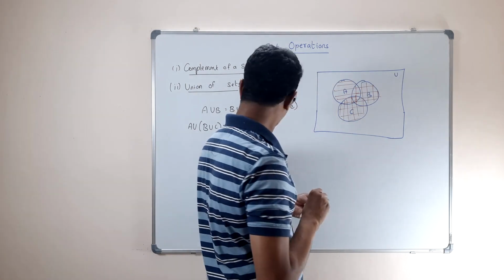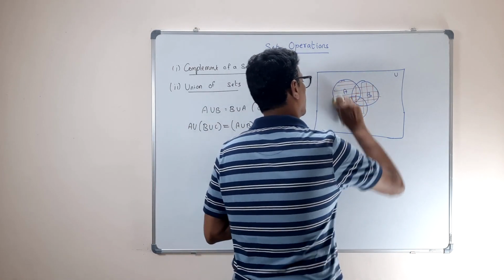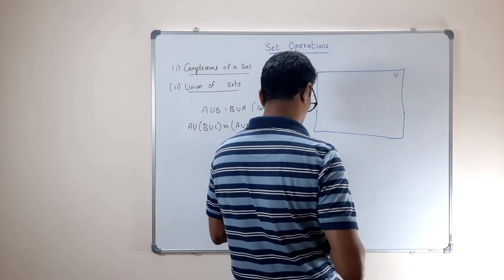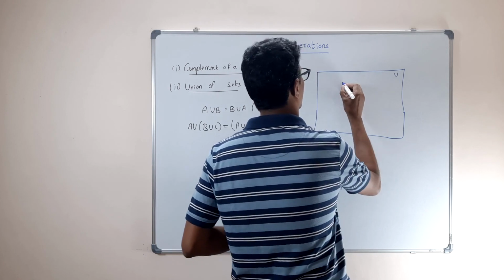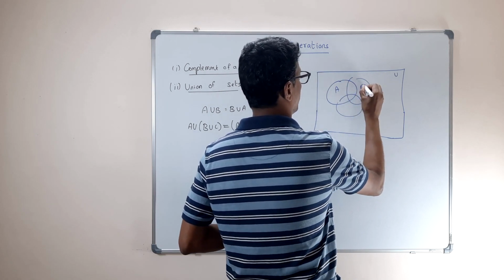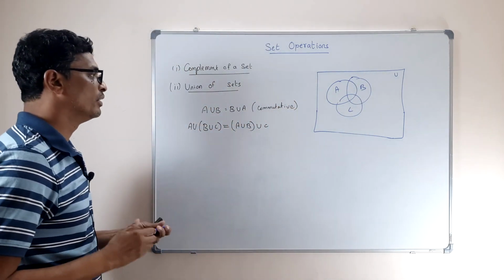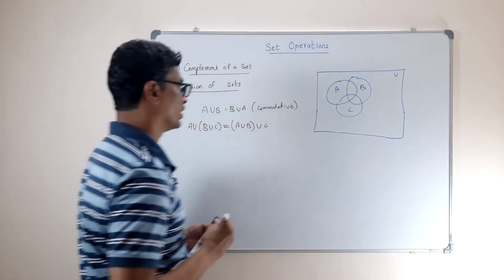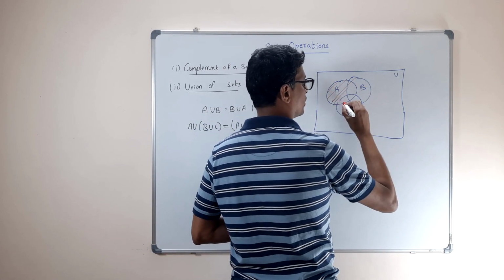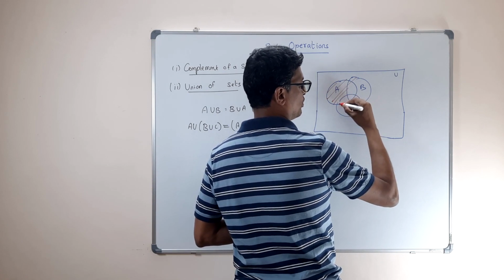Now let us take the converse of this side. Second, the RHS, let us prove. What is A union B? Will this portion come? No. Will that portion be there?